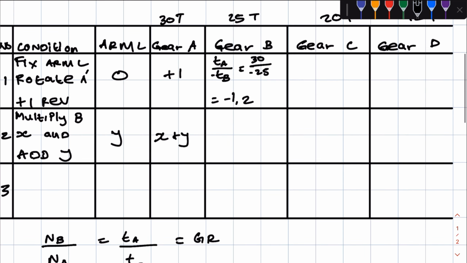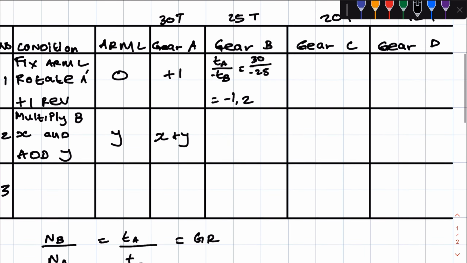So the rotational frequency of gear D is equal to what? 0. Why? Because they said that gear is fixed. And then the arm L, so let's say NL, is equal to what?